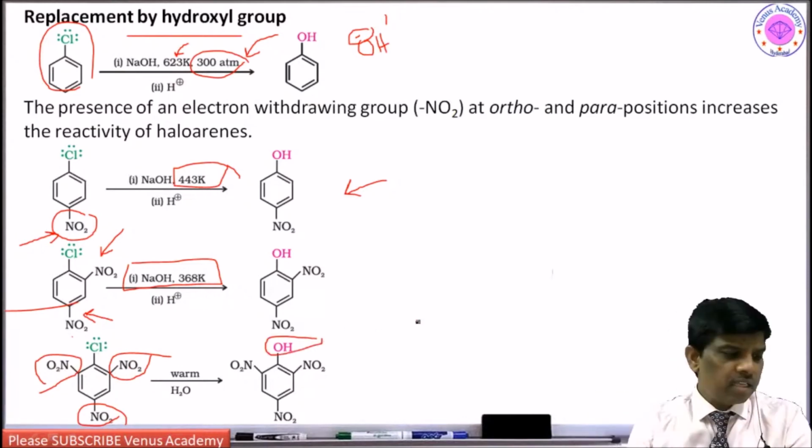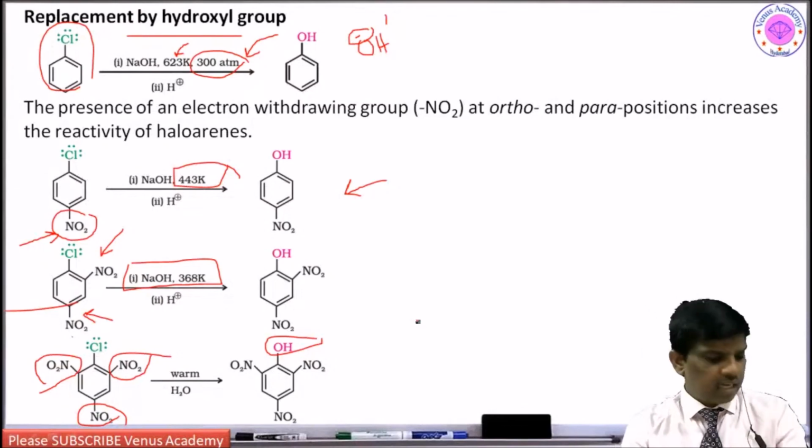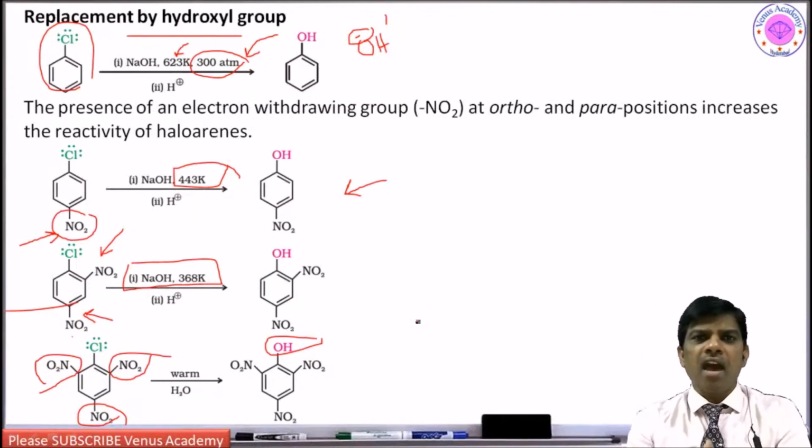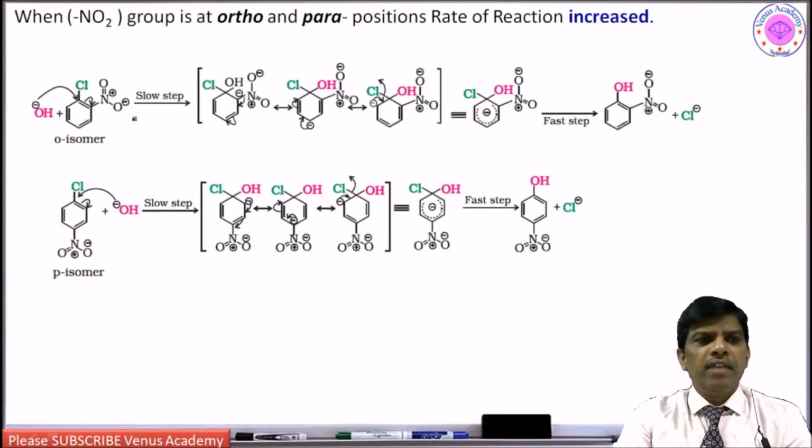this reaction. So just now what I said, nucleophilic substitution is usually not possible, but when the ring is substituted with a nitro group, it easily allows the incoming nucleophile to substitute the chlorine. If you take this chloro compound, when it is substituted with a nitro group at the ortho position, the incoming nucleophile, this hydroxy group, easily replaces this chlorine.